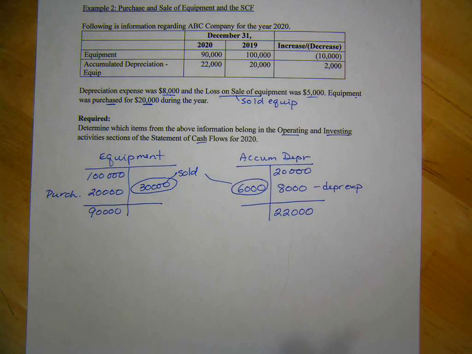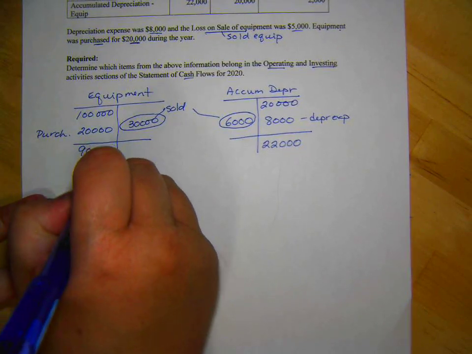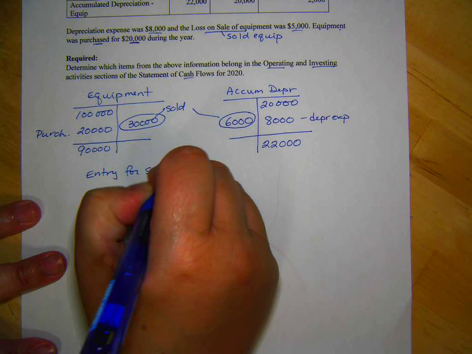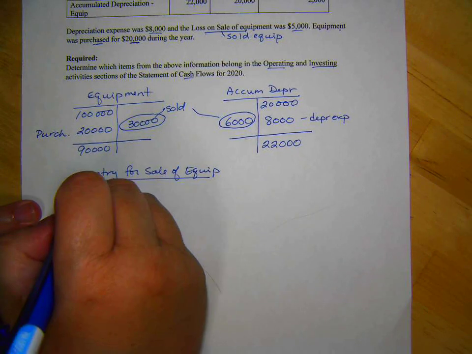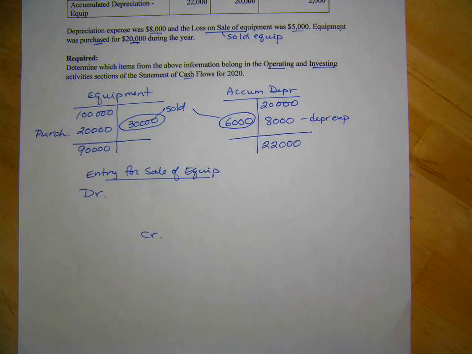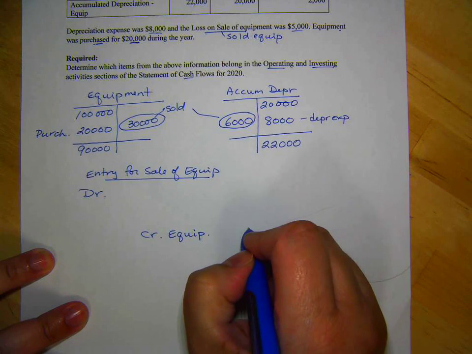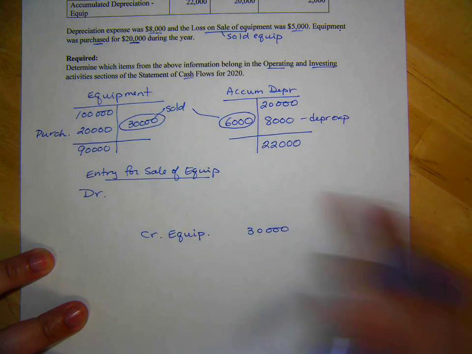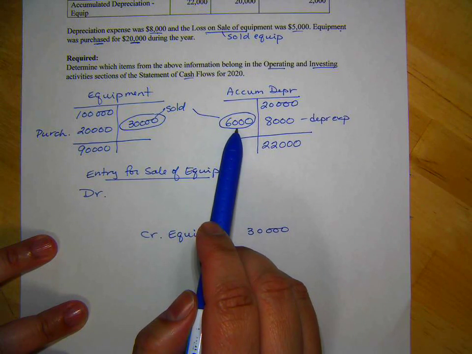So let's put together the entry for the sale of equipment. Leave space for about 3 debits and a credit. We sold equipment, so equipment goes out, 30,000. We also know we closed accumulated depreciation for 6,000.